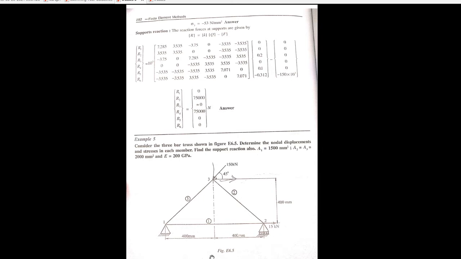If the load acting is oblique in nature, then resolve the forces in x and y directions. Resolve the forces in x and y directions.